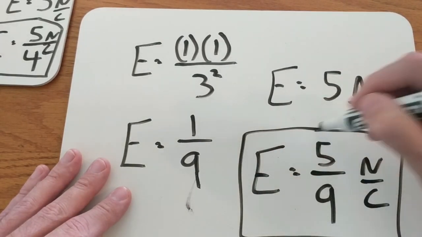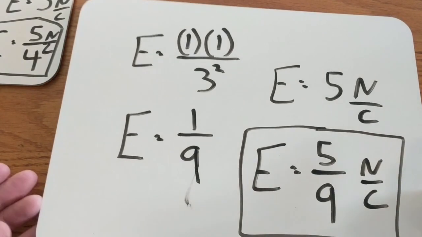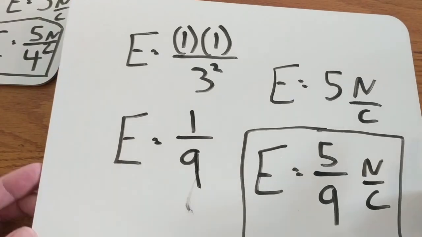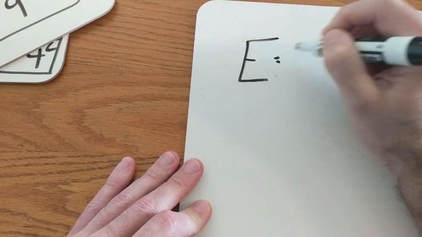Now we actually have an answer, as opposed to the Coulomb's law problems where we just figured out what happens. Now we have actual numbers we can plug in. It's 5 ninths. And then we can do our final one, where we go half a meter.